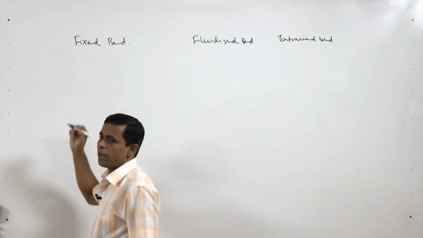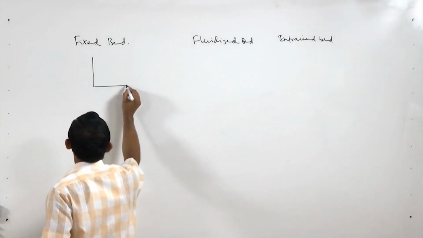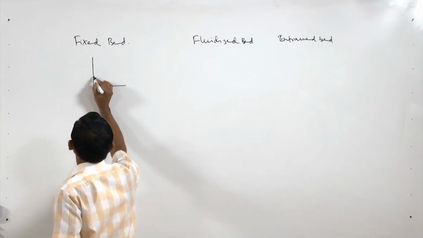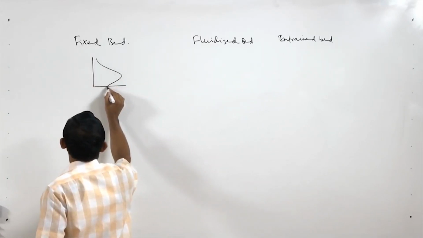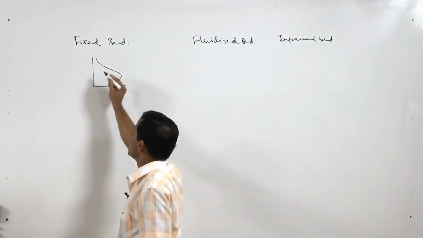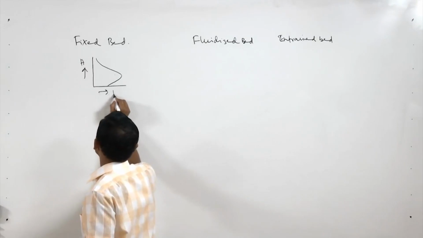In the previous part, we have seen that for fixed bed gasifier, the temperature is maximum at the combustion zone for coal gasification, and then it decreases. This is along height and this is temperature.